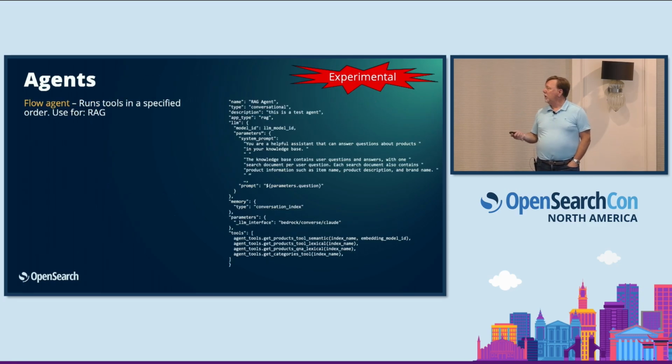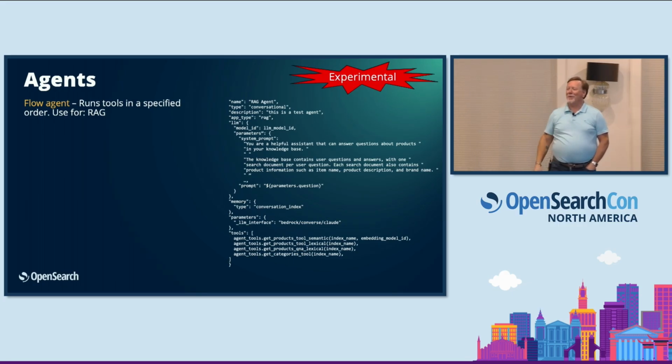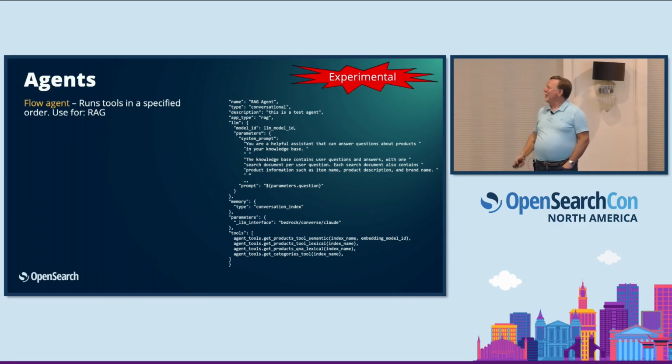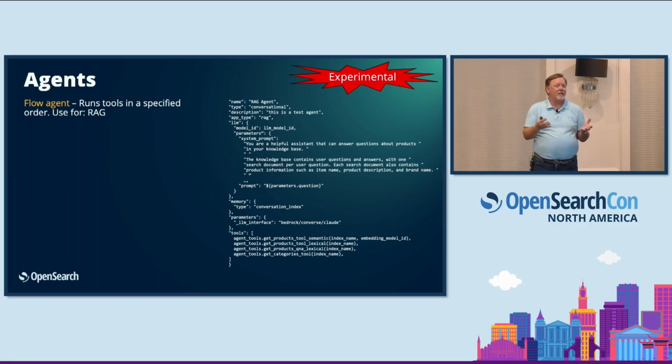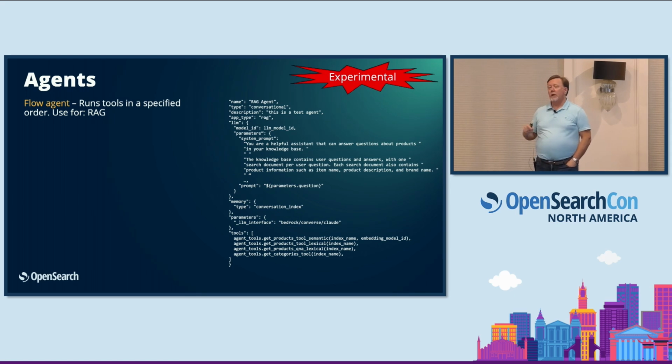and use in OpenSearch. How many people know that OpenSearch has an agent framework? Oh, more people than the workflow templates. Right, so with the agent framework, OpenSearch provides different ways for you to build agents that go and execute tasks on your behalf. So we have a flow agent that runs a particular tool set in a particular order.